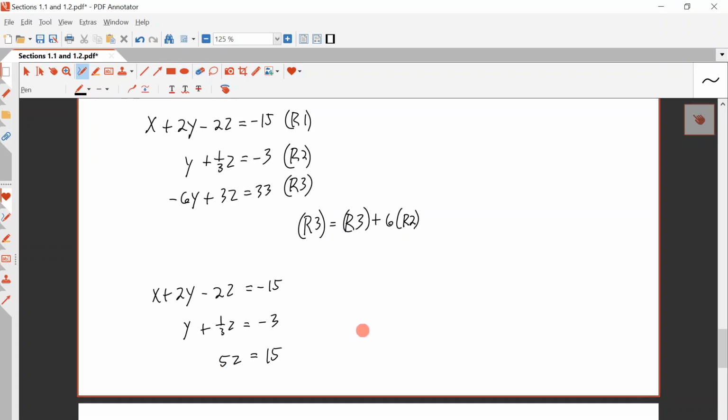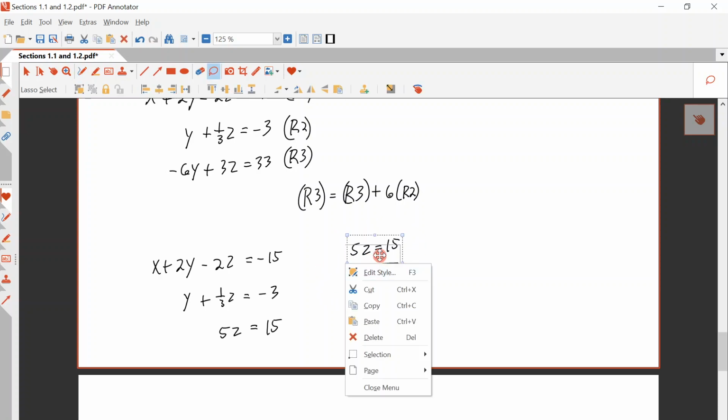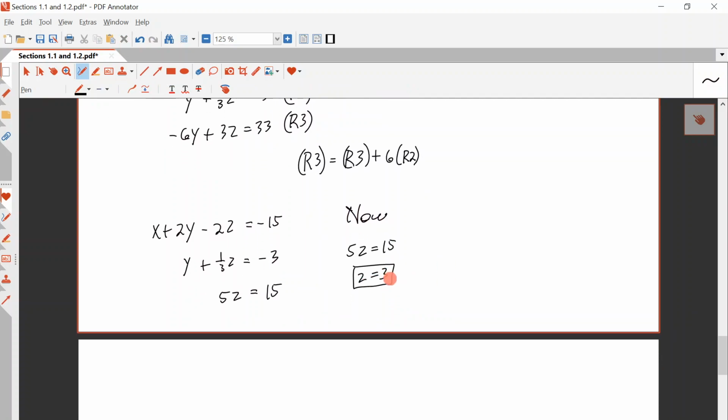And now I can just read off the solutions. Right? So I start with the last equation. 5z is equal to 15, so z is 3.